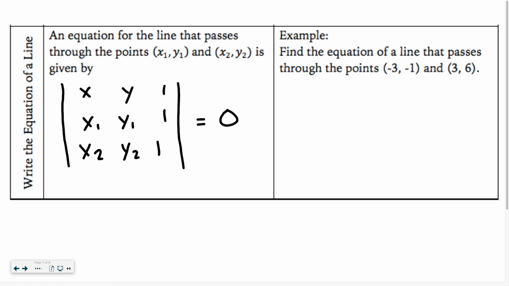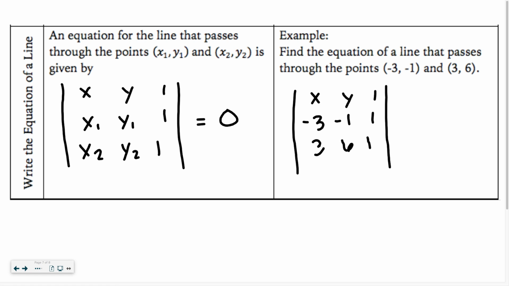So let's write the equation of a line that passes through these 2 points. x, y, 1, negative 3, negative 1, 1, 3, 6, 1. So again, this x and y represents all the points on the line, wherever I want my x to be. So I leave it unknown, x and y.